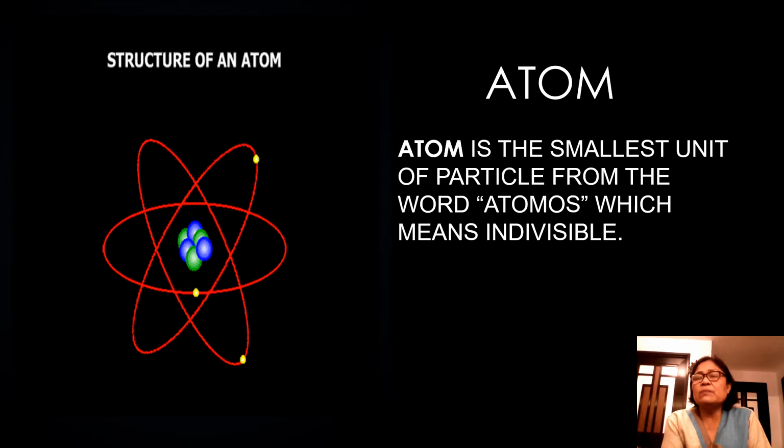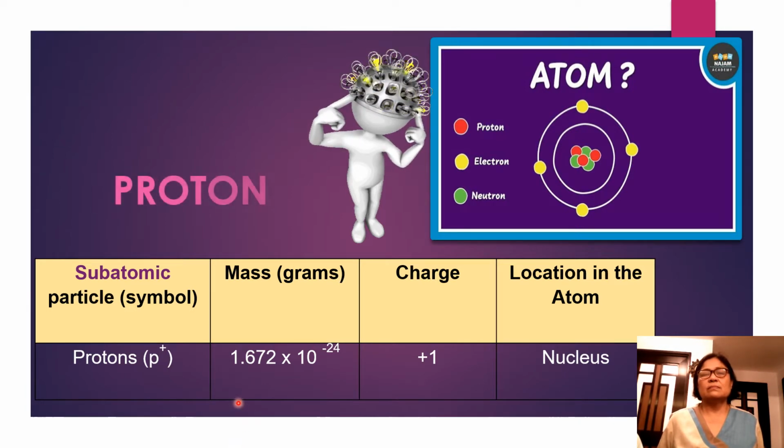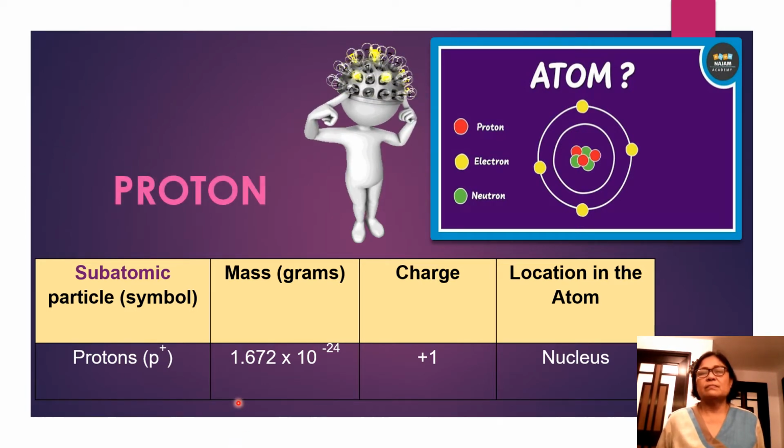And indivisible means cannot be cut or divided. An atom has its subatomic particles and one of them is the proton. A proton has a mass of 1.672 times 10 raised to negative 24 with a positive charge, found inside the nucleus of an atom.